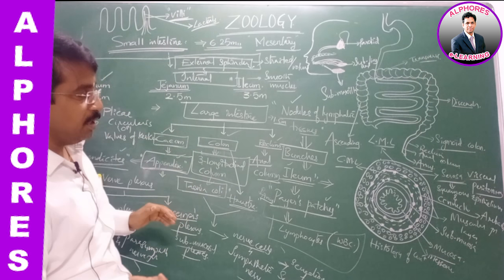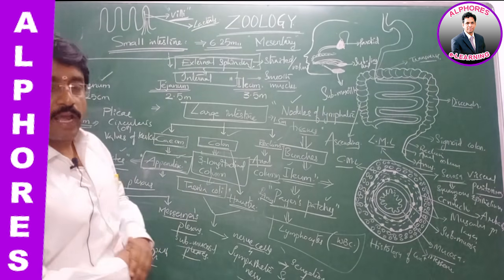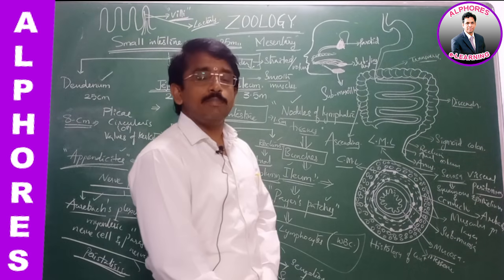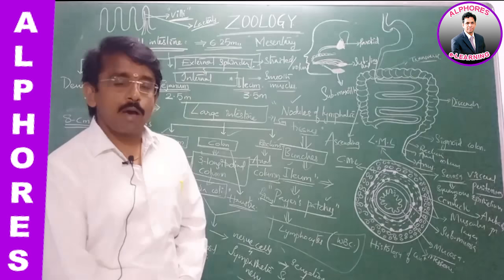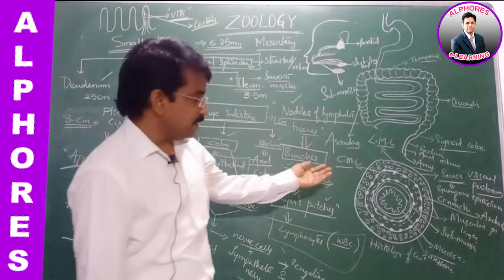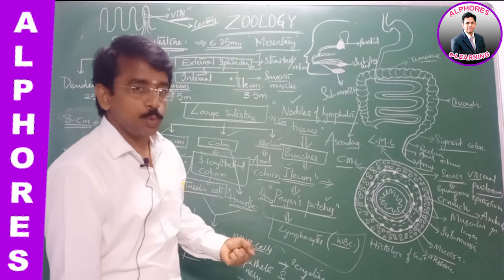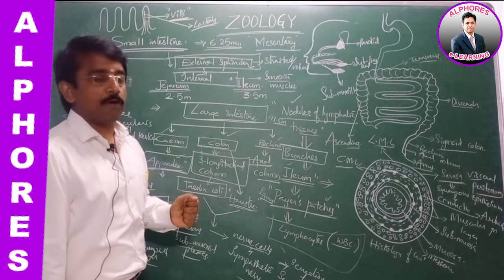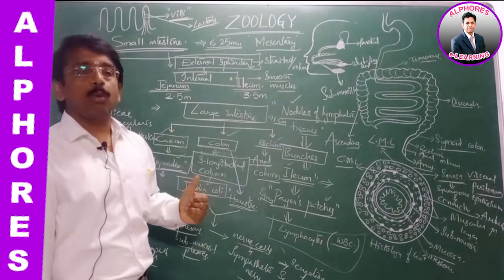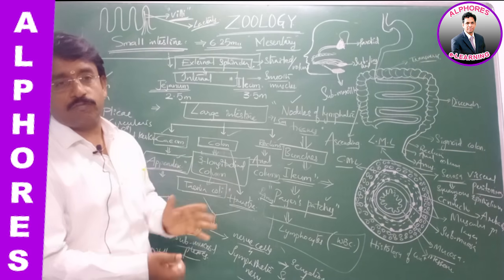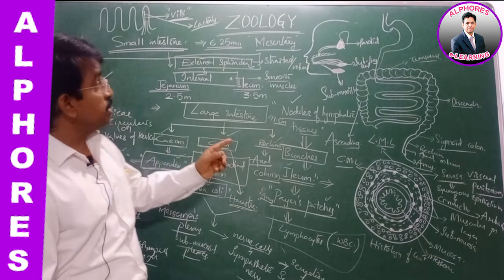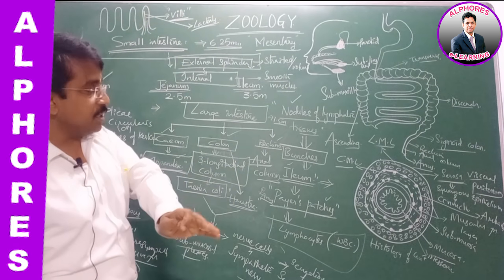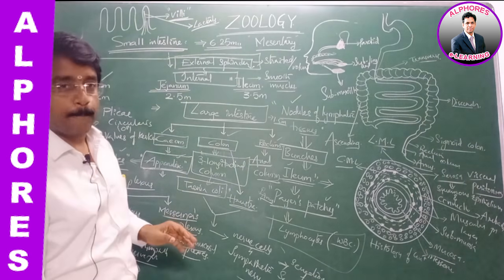So collectively, mucosa is the inner layer with the epithelium, lamina propria, and connective tissue. The inner layer, the epithelium, forms the folds named rugae in the stomach, which is for the expansion of the stomach, and it forms the villi as well as the intestinal glands in the intestine and the gastric glands in the stomach.